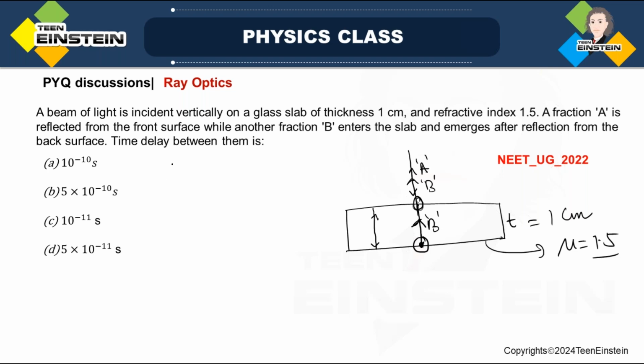After that, it will be coming back, cross this slab. So how much thickness it has to cross? 2T. So T is 1 centimeter, so 2 centimeter it has to cross. So this much traveling extra before emerging. So obviously there will be a difference or delay in time.